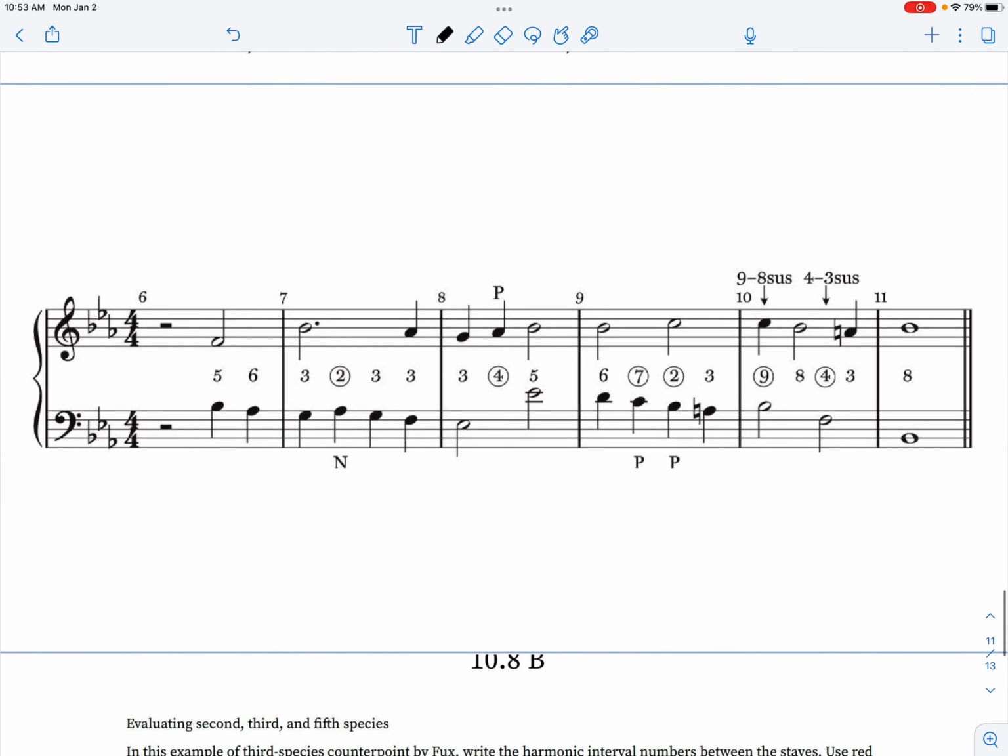Now I'll give you a piece of music that's already marked for you. I'll play through it, and you listen for the neighbor tones, the passing tones, and the suspensions. Here's the upper neighbor. Passing tone. Resolve. Bar 9: double passing tone.